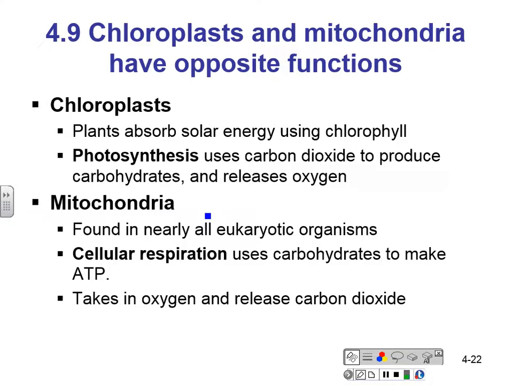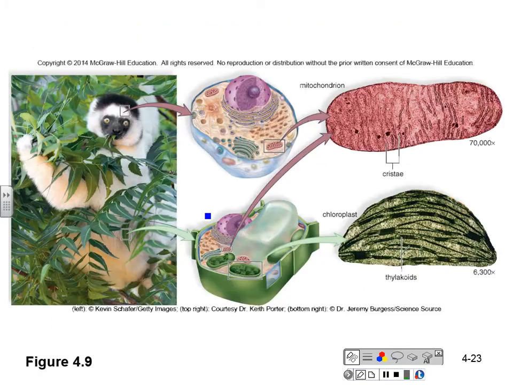As far as chloroplasts and mitochondria, these two are very, very important in energy function. When we talk about chapter 6, we're going to talk about photosynthesis and all about chloroplasts. When we talk about chapter 7, we're going to talk all about mitochondria and cellular respiration. So basically, these structures are responsible for our energy needs. So go back to one of the first chapters.